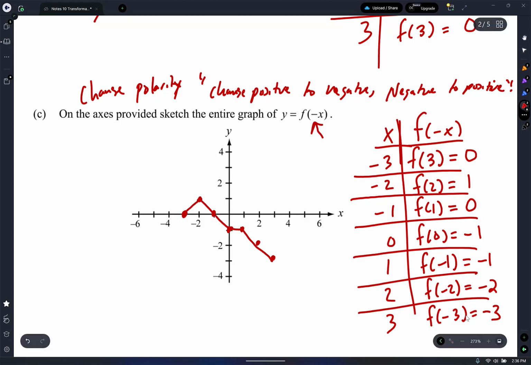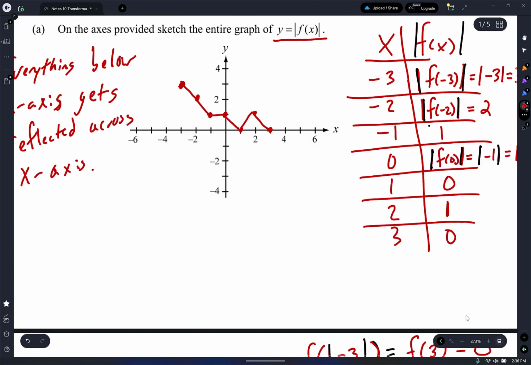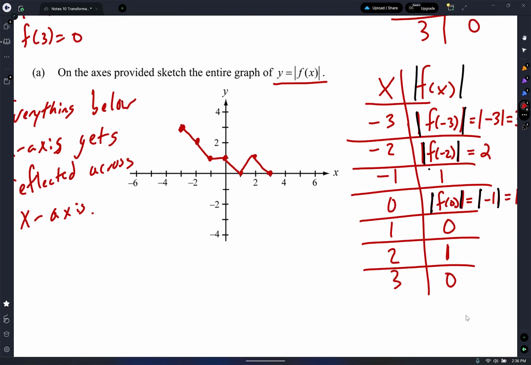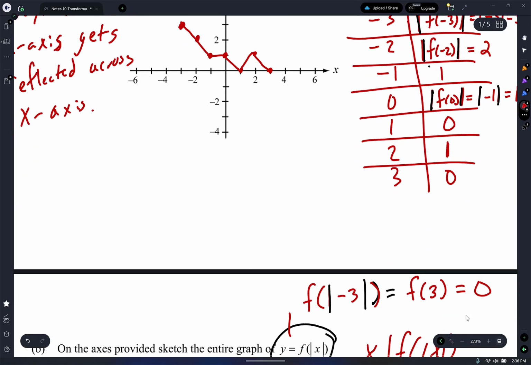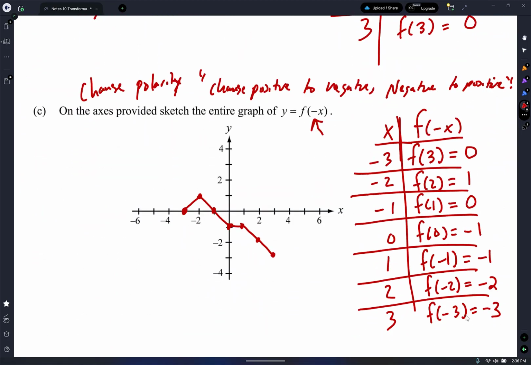What do you notice? Compared to the original, it just reflects, or it just flips. Yeah, you can say flips. Rotates? Yeah, that's fine. You can say rotate on y-axis. I don't know.